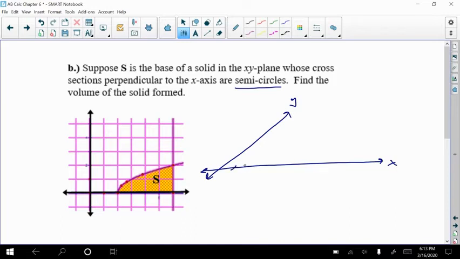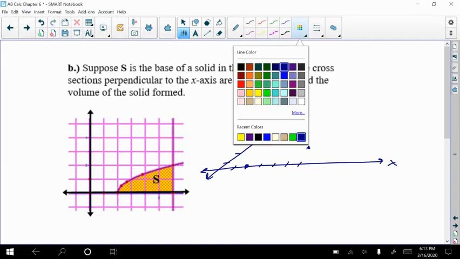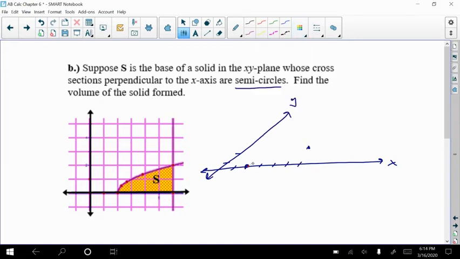So if I think about 1, 2, 3, 4, 5, 6, and then 1, 2. The graph starts at (2, 0) and goes over to (6, 2). Again, I'm just redrawing the base here. Maybe go with this nice red, it arcs up and goes down. And so that's the region of the base.